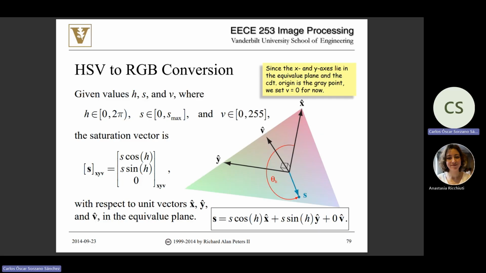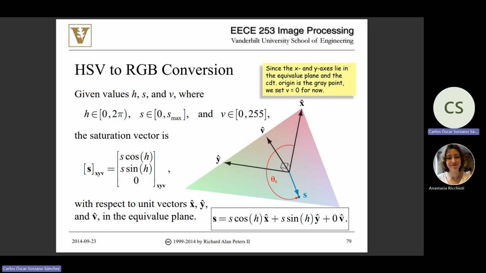So in that coordinate system, v has to be 0. Then, what are the other two? The other two are the saturation and the hue. If this is x, and this is our point, then this angle is the hue, and the saturation is the length of this vector.